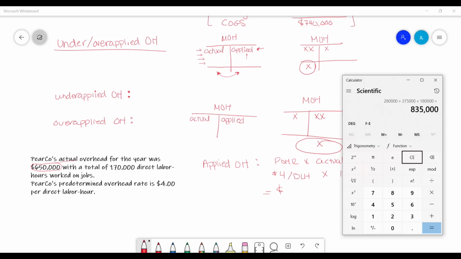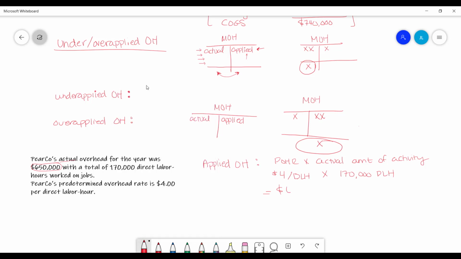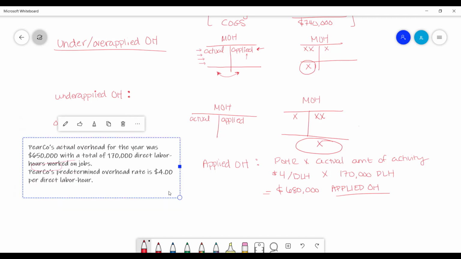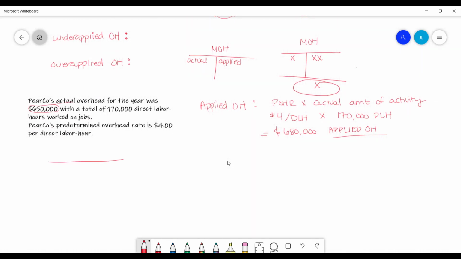So let's figure out what that is. We'll do 170,000 direct labor hours times 4. That gives me $680,000 of applied overhead. So we want to figure out how much was over or under applied. For that, we simply go to the T account for manufacturing overhead.